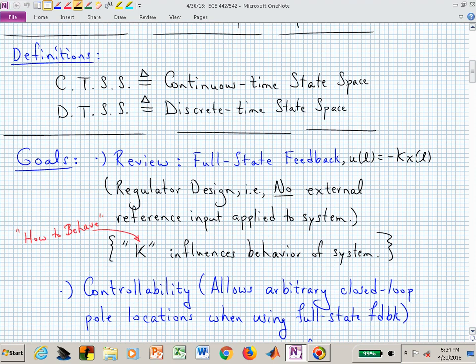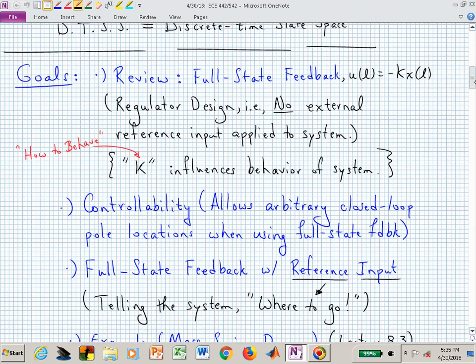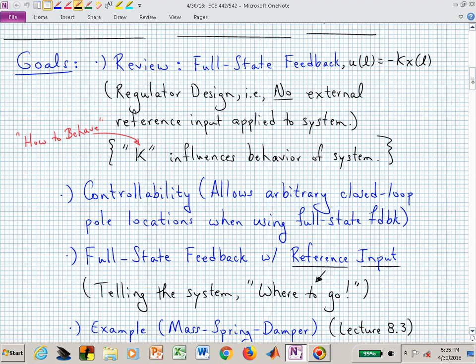If we need to quickly say continuous time state space or discrete time state space, that will be CTSS or DTSS. And what I want to do today is actually review where we've been with Unit 8. Unit 8 is state space design techniques, and we've talked about full state feedback.